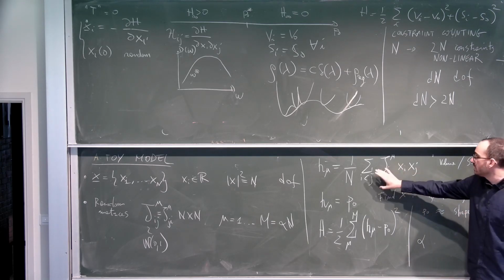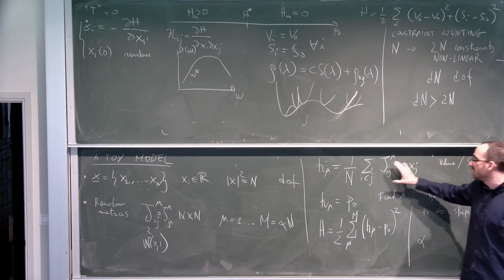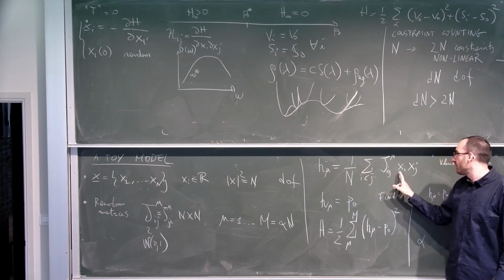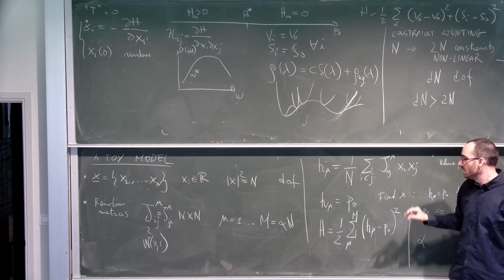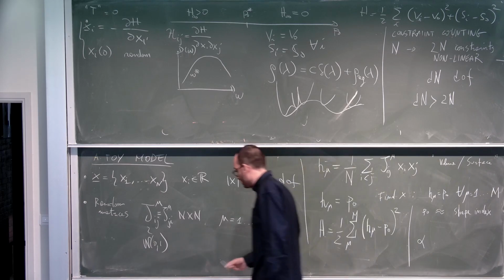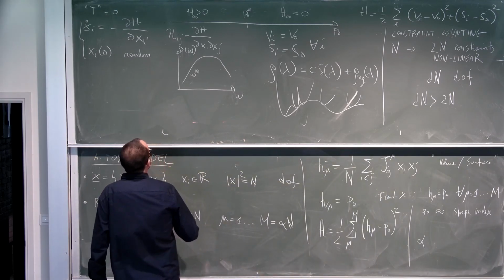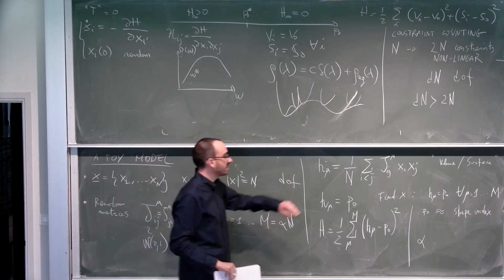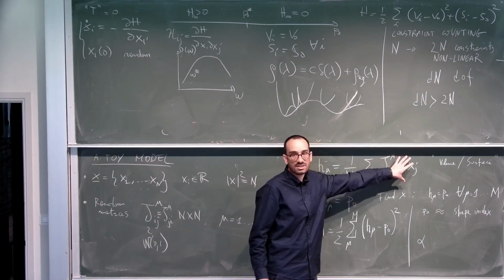So this is a model, and there is a natural generalization. Here I just consider a quadratic function of the degrees of freedom, but you can do something different. So you can generalize this. Here I just consider matrices, but then you can generalize to tensors.